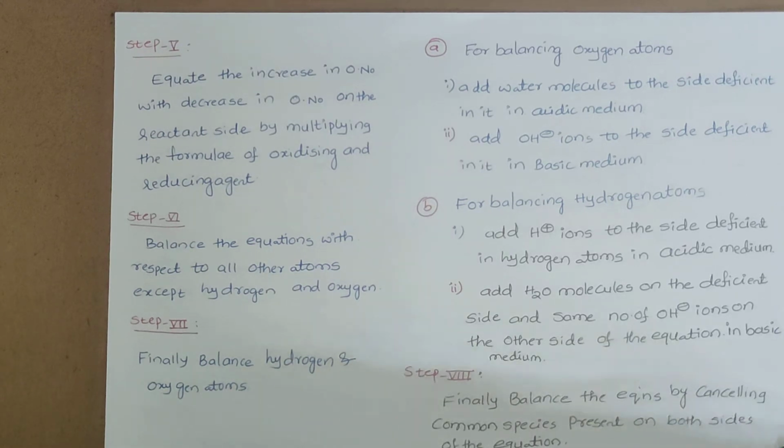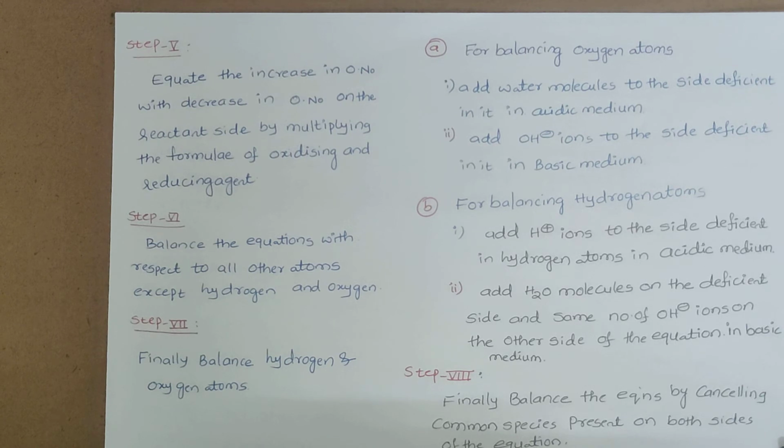Like that you can calculate the total increase or decrease in oxidation number for all atoms in a compound. After that, equate the increase and decrease in oxidation number by cross multiplying the oxidizing agent and reducing agent. Then balance the equation with respect to the other atoms except hydrogen and oxygen.